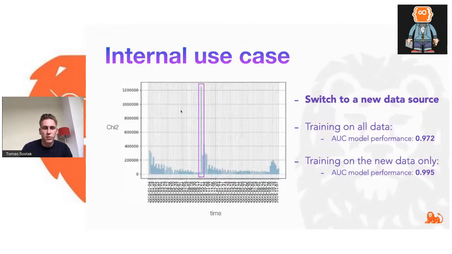After doing some experiments, we decided to use only the new data, and training on the new data gave us way better performance. So this was a very good insight just by applying Popmon on the data that we were using to train that model. We managed to improve the model performance without doing much feature engineering.